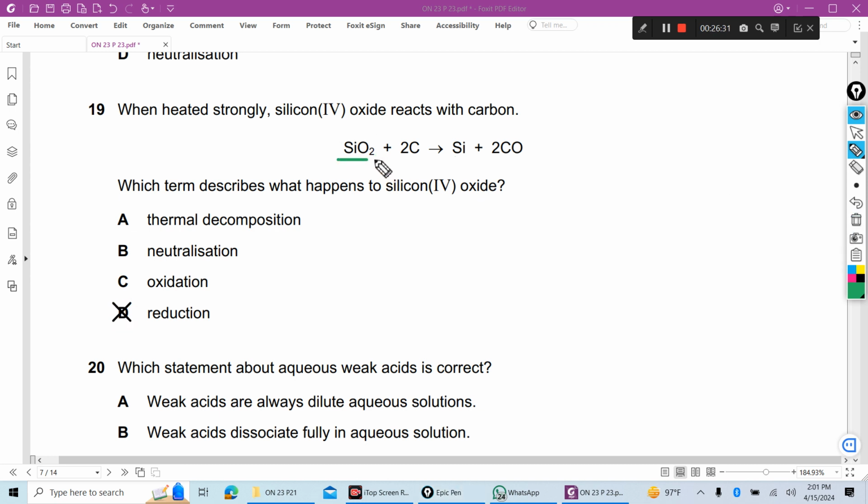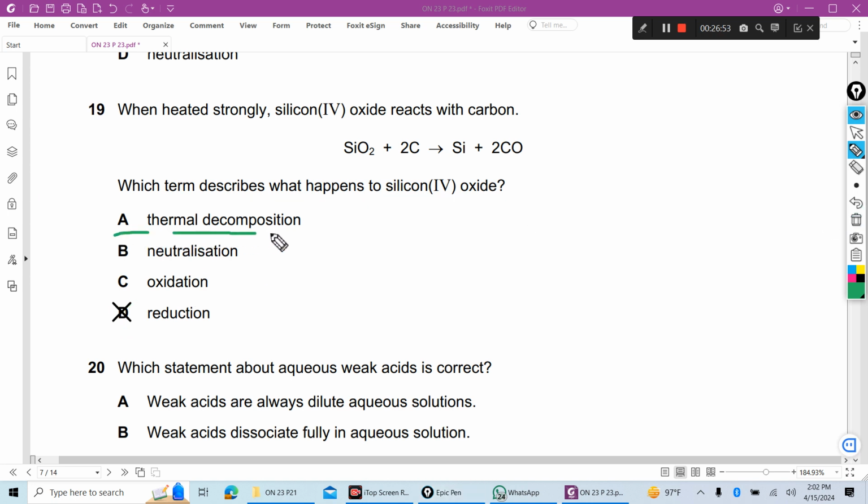As silicon dioxide loses oxygen, silicon(IV) oxide is reduced. Silicon(IV) oxide is reduced, this means a reduction reaction occurs.